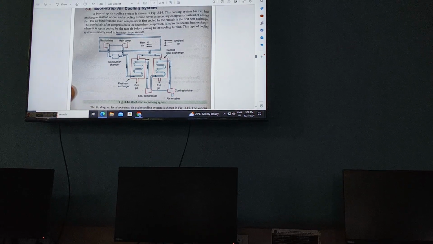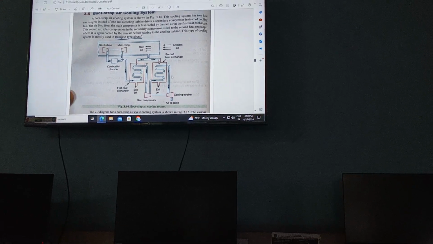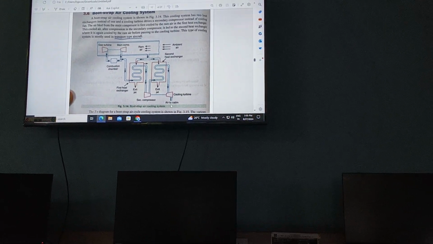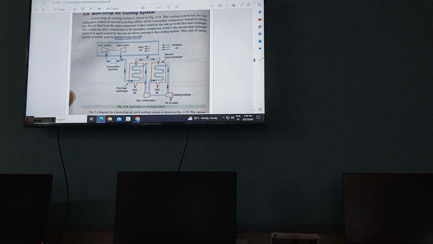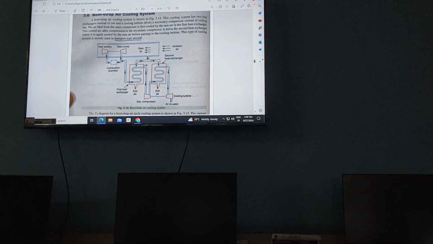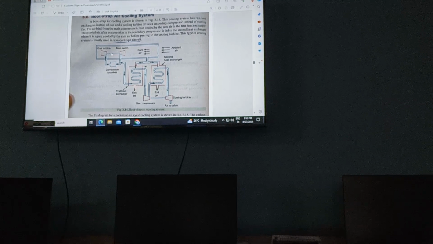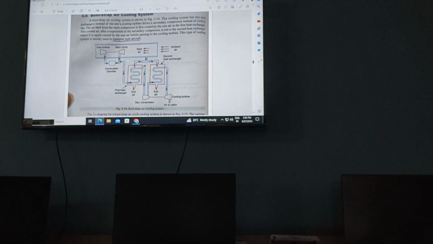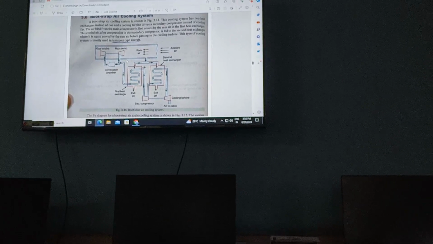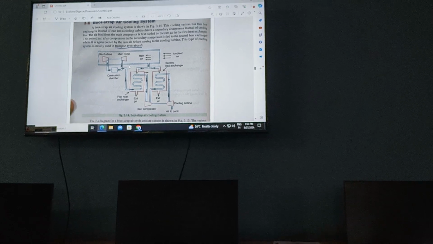Then temperature is reduced in the second heat exchanger, then sent to the cooling turbine, and then to the cabin of the aeroplane. The secondary compressor is run by the cooling turbine, and the primary compressor is run by the gas turbine. Right? I think you might have studied similar working in turbo machinery.